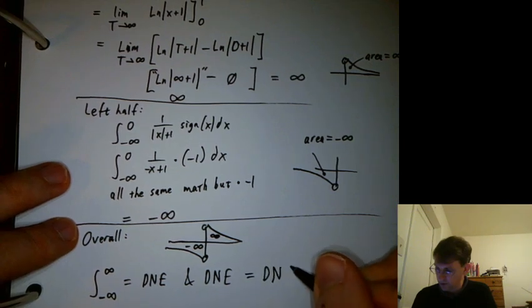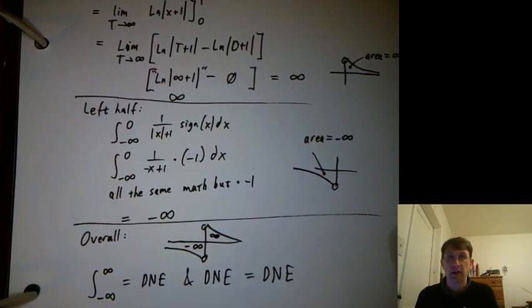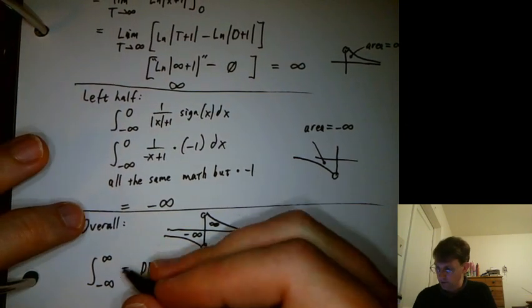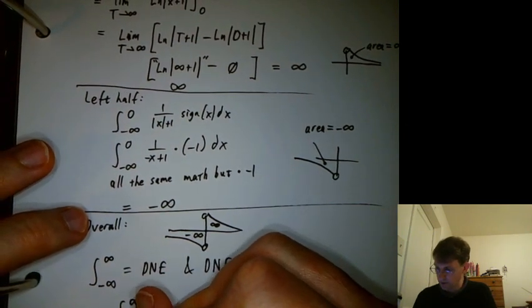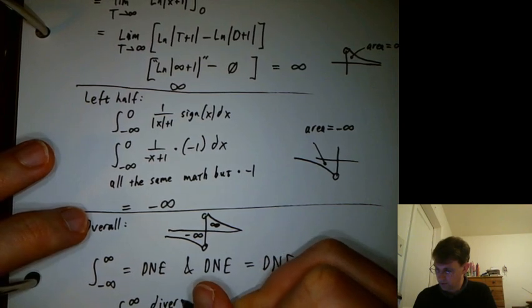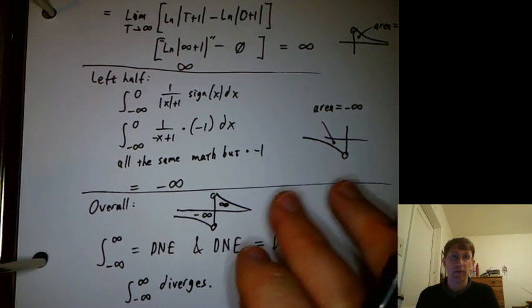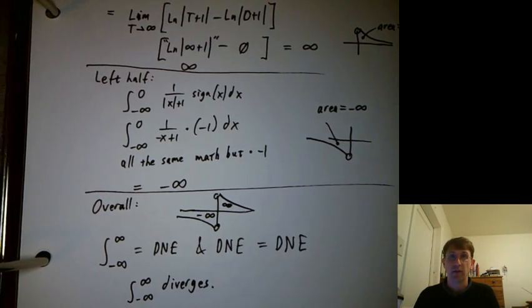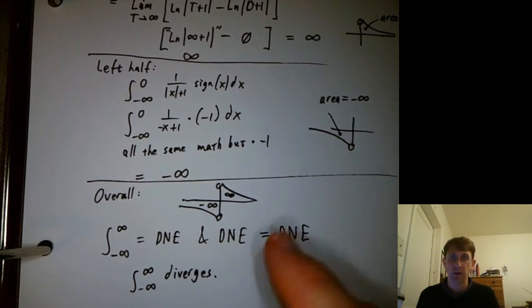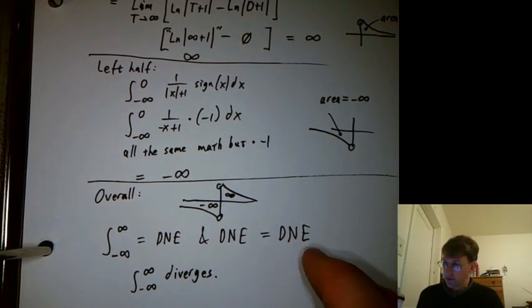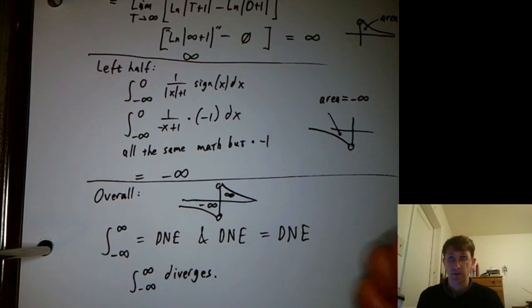So overall, that integral does not have a single value we can say, so the integral diverges. Even though those things are perfectly symmetric, for reasons higher up in math, we have to say that that integral does not converge. So that's the interesting story with doubly infinite integration.